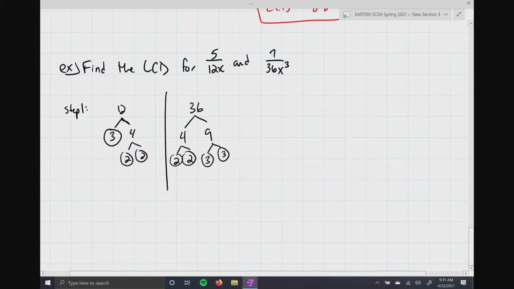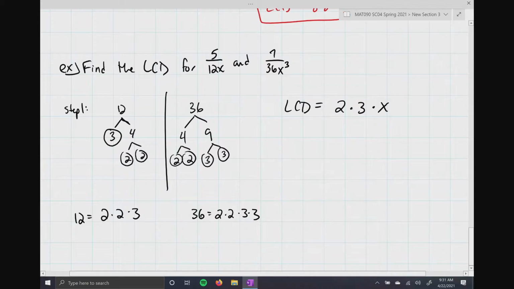Okay? So my LCD is going to equal, and you know what I'm going to do? I should have done this down below. I'm going to write out their fingerprints. So my LCD is going to be the product of all the unique factors, 2 times 3 times x, because x is a factor.